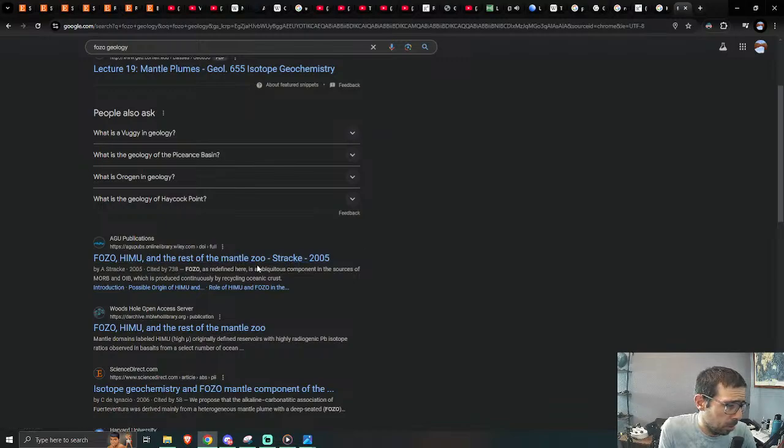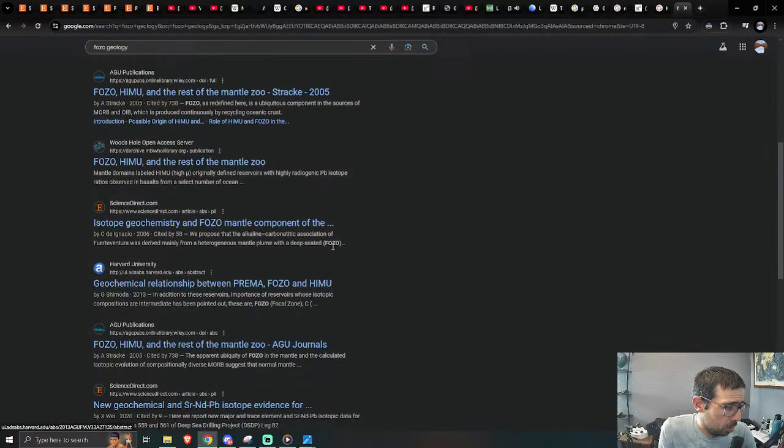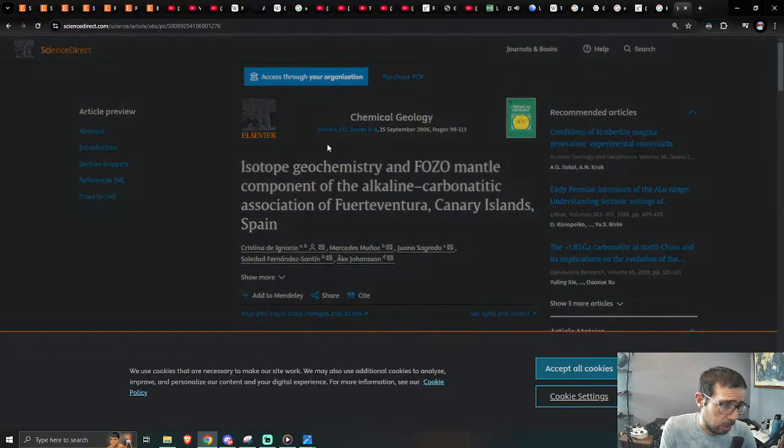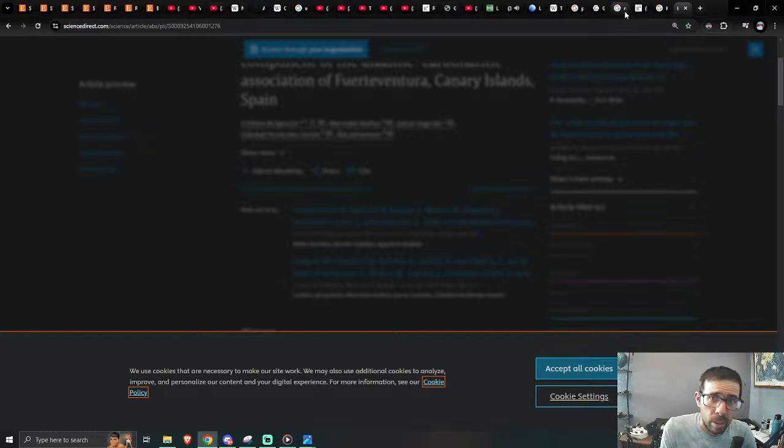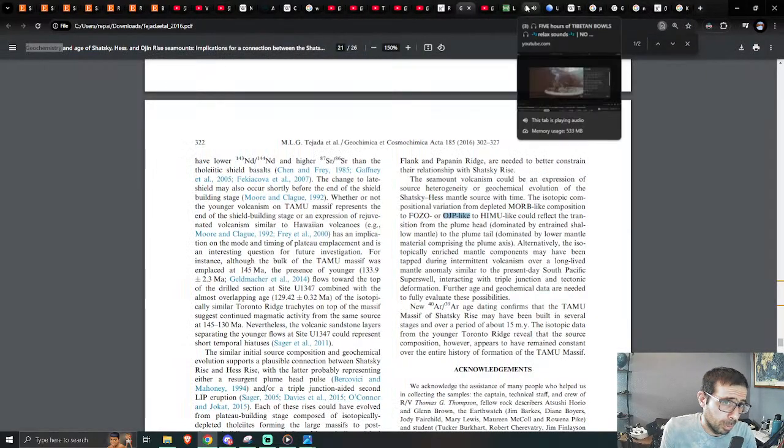Ubiquitous component in the sources of mid-ocean ridge basalt or oceanic island basalt. So it's deep mantle, I guess, sourced in some way. It's considered to be something more deep mantle.